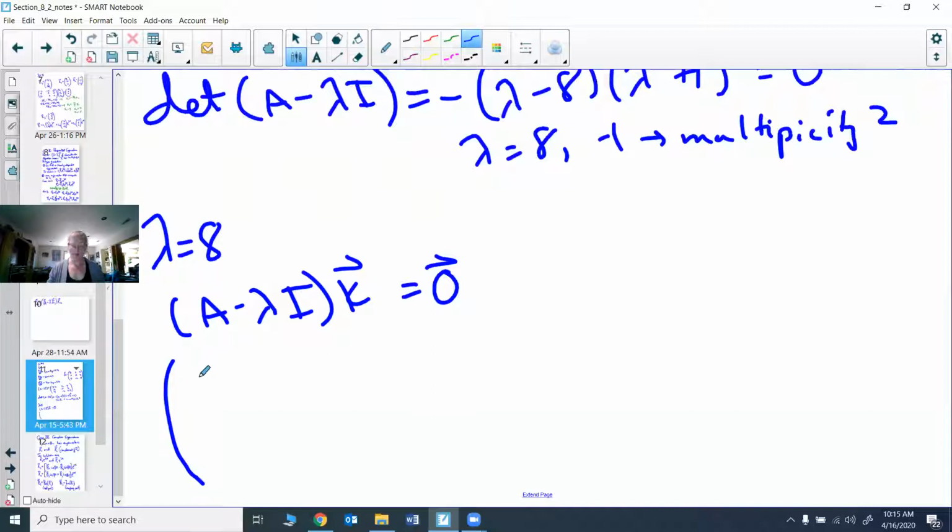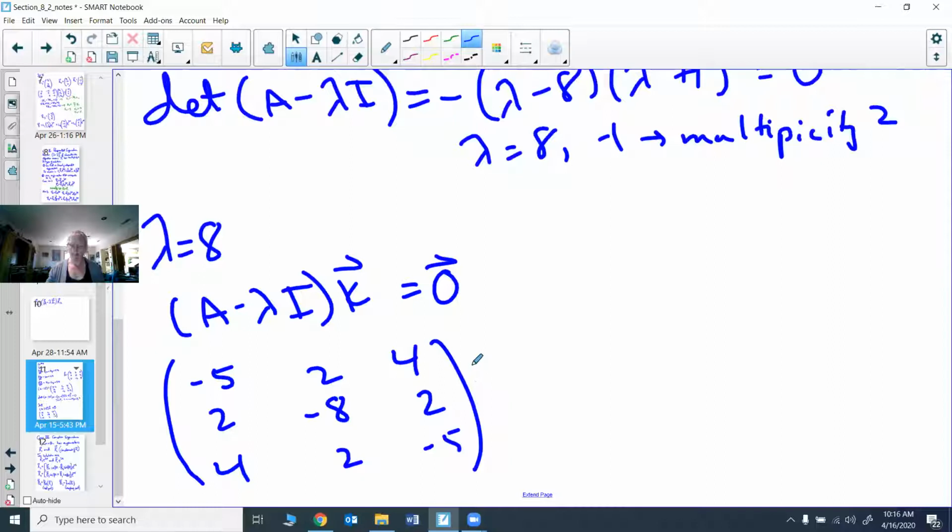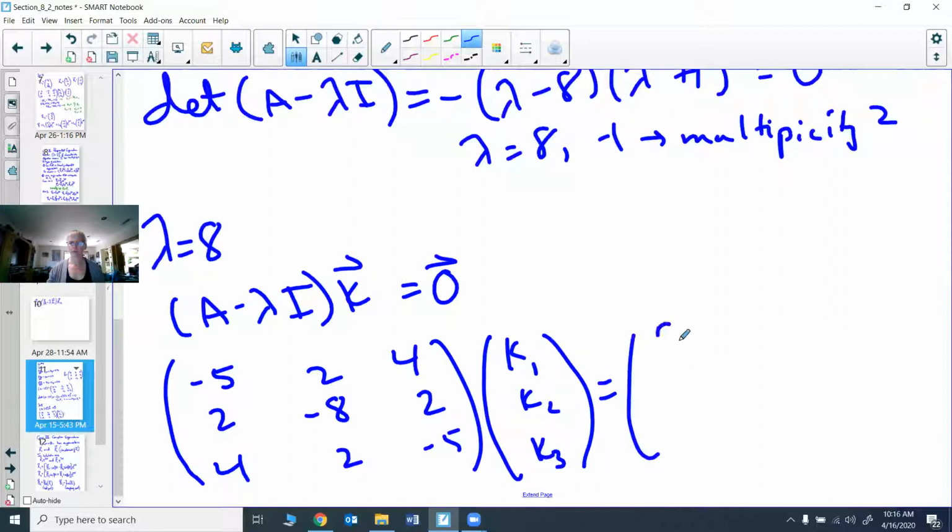So 3 minus 8 is negative 5, 2, 4. 2, 0 minus 8 is negative 8, 2. 4, 2. And again, 3 minus 8 is negative 5. And then you're going to multiply that by K. We'll call it K1, K2, K3 again. And that equals 0, 0, 0.